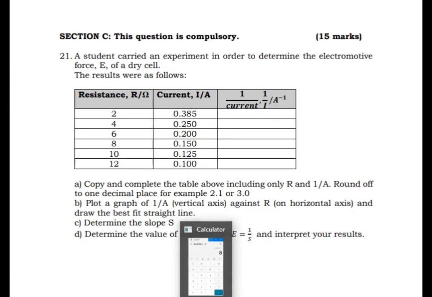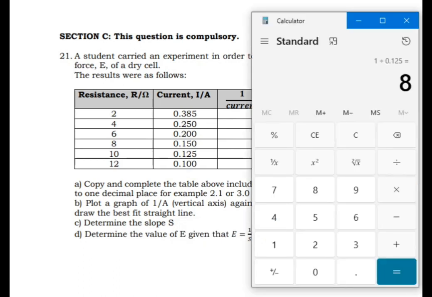On the calculator, we take 1 and then divide by 0.385. The answer is 2.59, but we can round off and it can be 2.6.